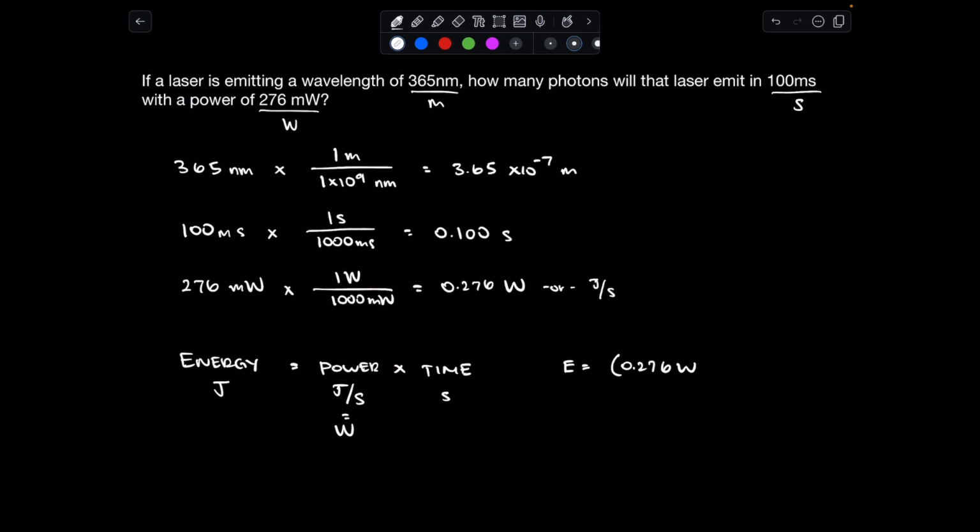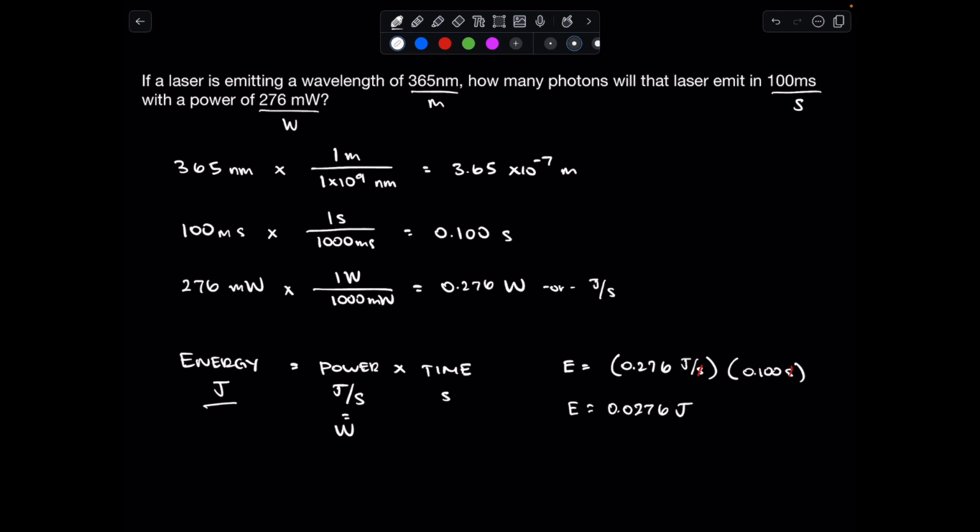Let's make it easy and call that joules per second. And we're going to multiply that by our time, which is 0.100 seconds. This will make it a little bit easier when it comes to our units. Since our seconds are here and on the bottom of this fraction, they're going to cancel each other out, leaving us only with joules, which is exactly what we want for our energy term.